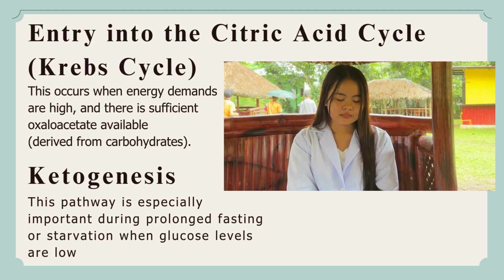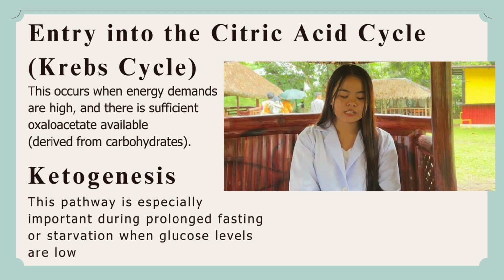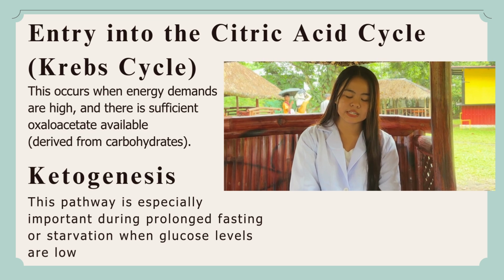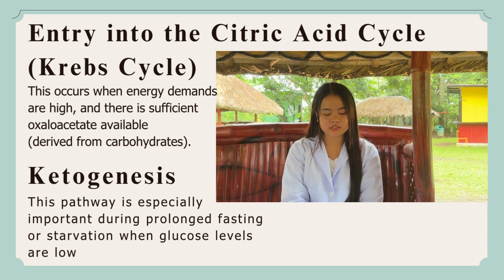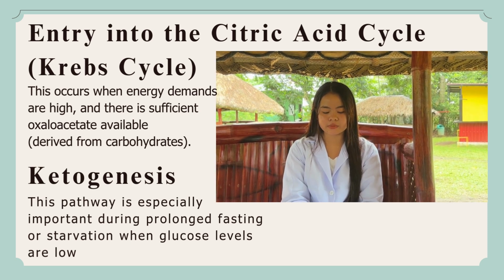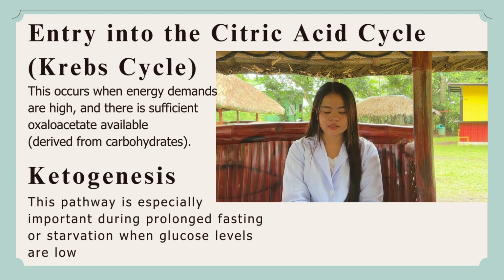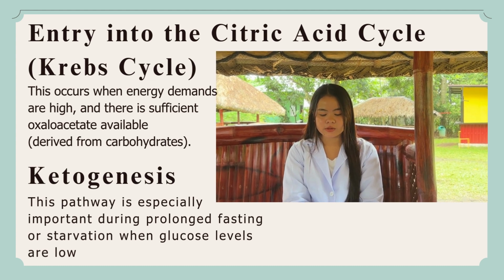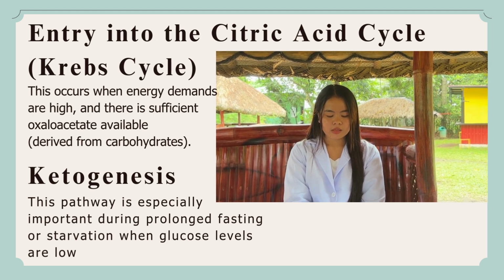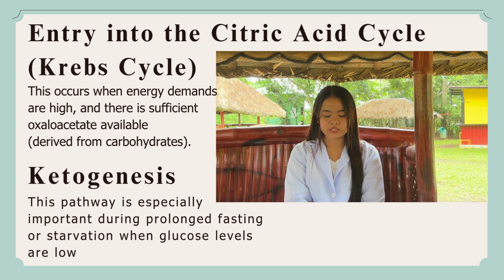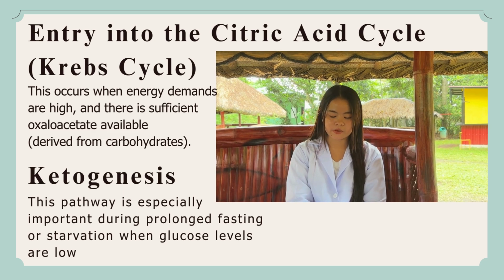First one, entry into the citric acid cycle or Krebs cycle. Next one is ketogenesis. In situations where carbohydrate availability is low, for example, fasting, low carbohydrate diets, or uncontrolled diabetes, acetyl-CoA can be converted into ketone bodies in the liver.